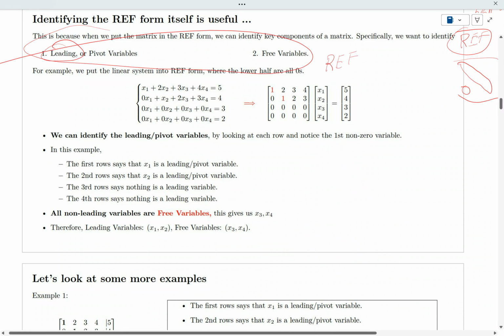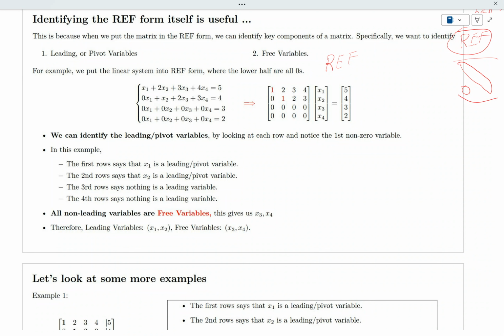The reason you want to identify this is because it tells you the type of solutions you have, and I'll show you how that works. But first, you need to know how to identify them. You just look at the first non-zero values, and those are the leading. Anything that's not leading is a free one. So you can identify leading and free.